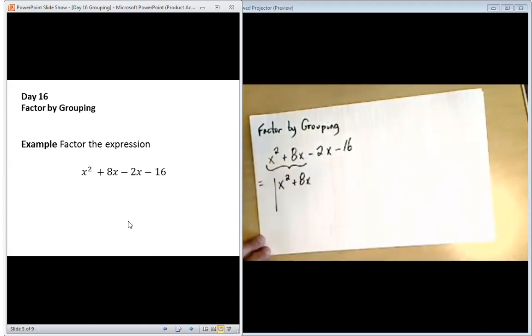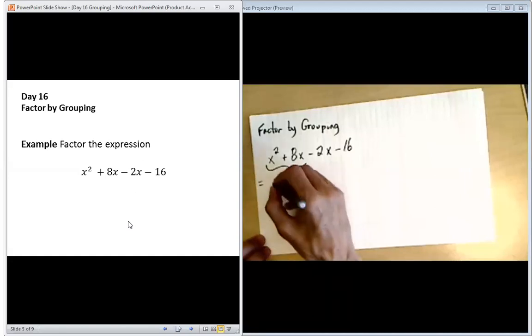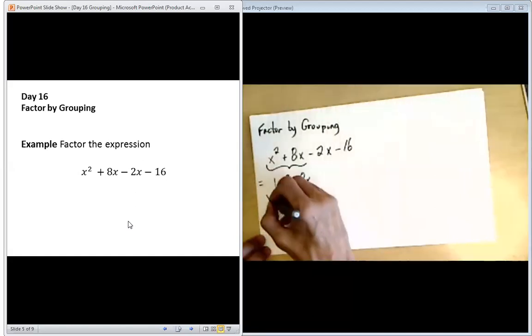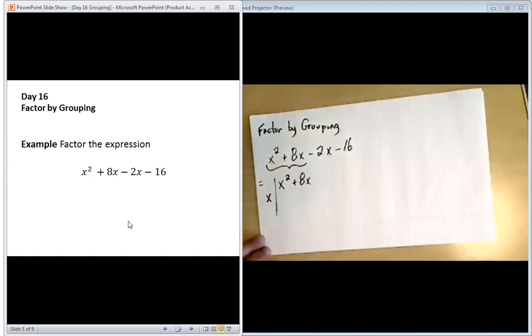From both of those. 2 divides into 8, but there's no 2 there, so no. 4 divides into 8, but there's no 4 there. Just x. Okay, nothing for the numbers. Okay, there's an invisible 1 there. Nothing to divide there, really. But x divides into both.